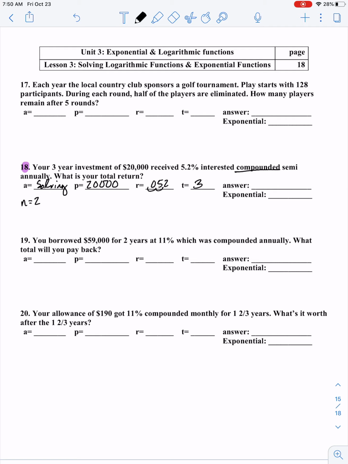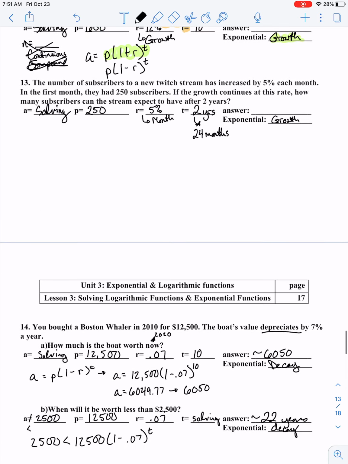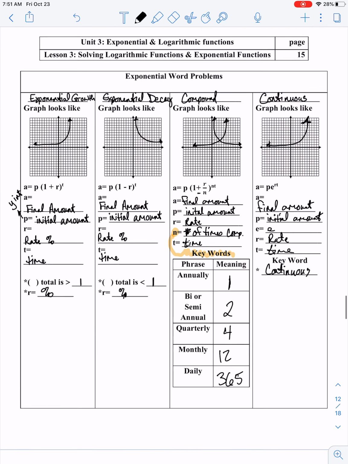And again, let's put it in decimals. A equals 20,000 times 1 plus rate, which is 0.052, and this is growth. Now remember, when you see the word compound, you have to use the right formula.